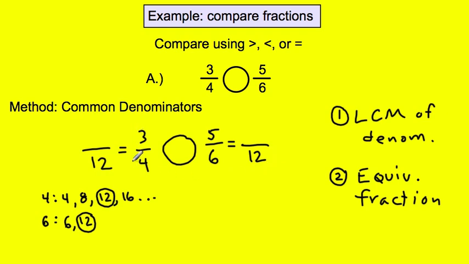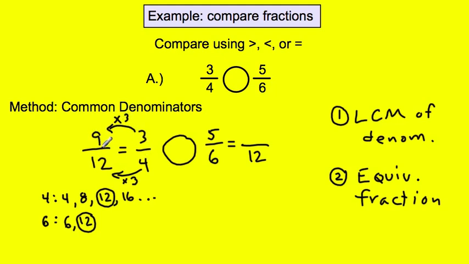All right, on the 3/4 side, we know that the denominator was 4, and it's going to change to 12. We have to figure out what we multiply by 4 to get 12, and that would be times 3. So the denominator was 4 times 3. In order to maintain equivalency, we have to multiply the same value times the numerator. So 3 times 3 equals 9.